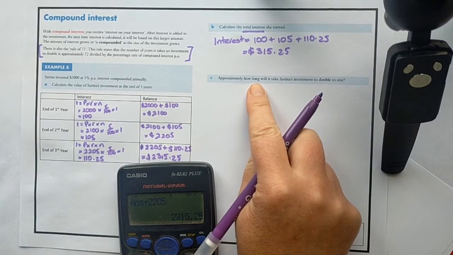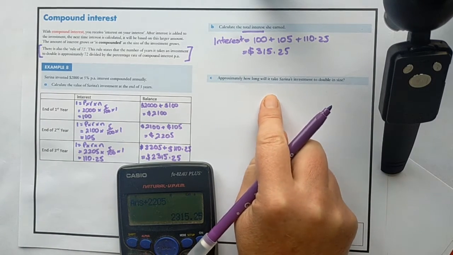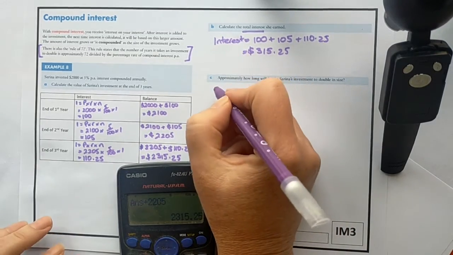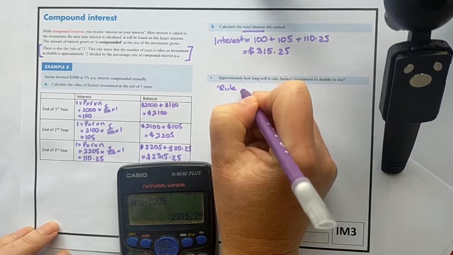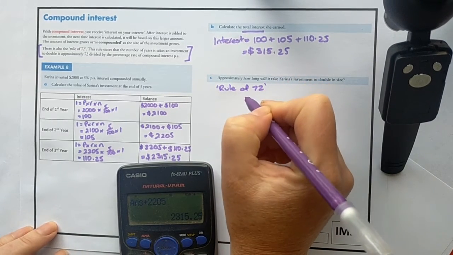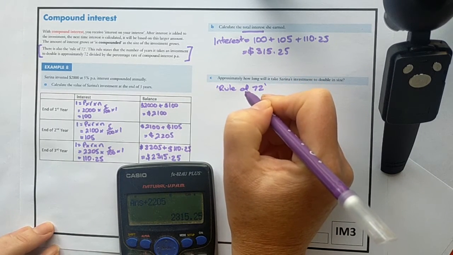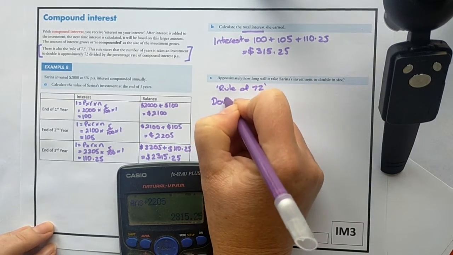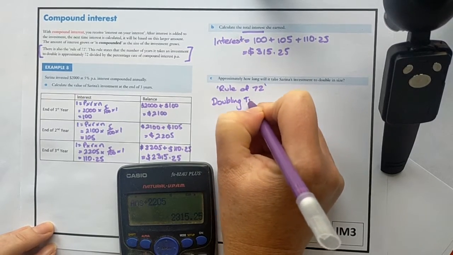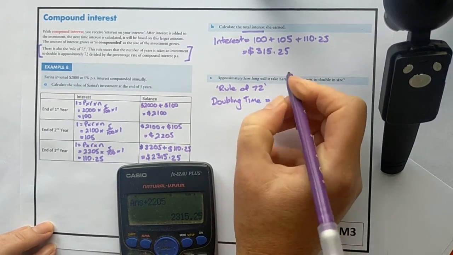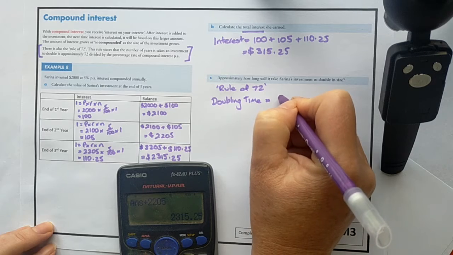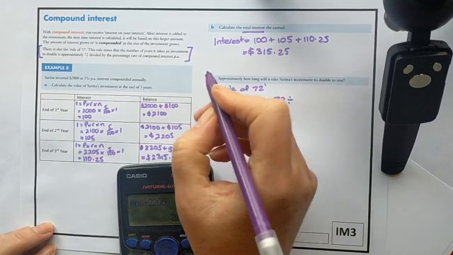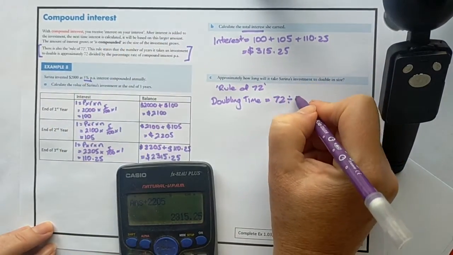Now it says approximately how long will it take Serena's investment to double in size. So this is that rule of 72 that we're going to use. And so that means we need to say doubling time equals 72 divided by the percentage rate, and our percentage rate is 5%.